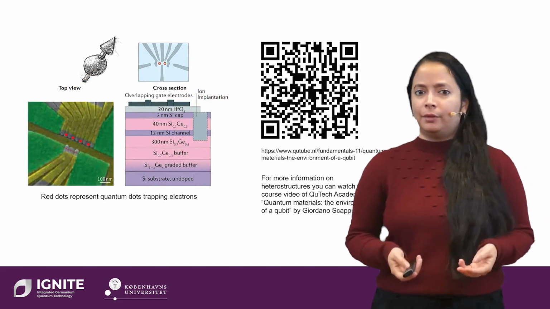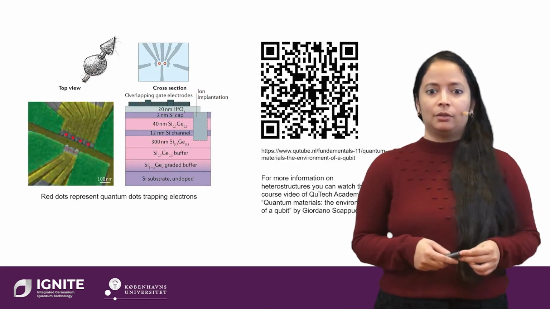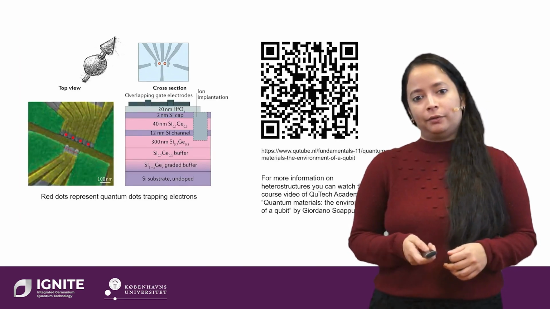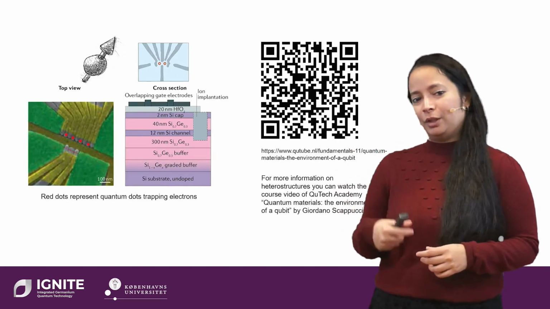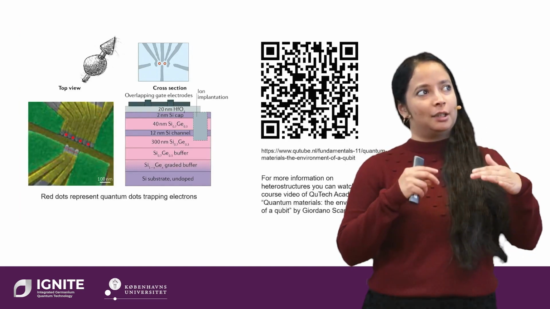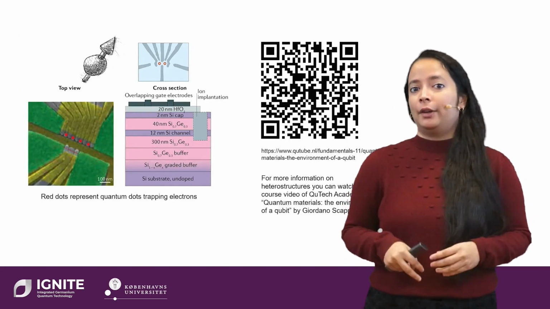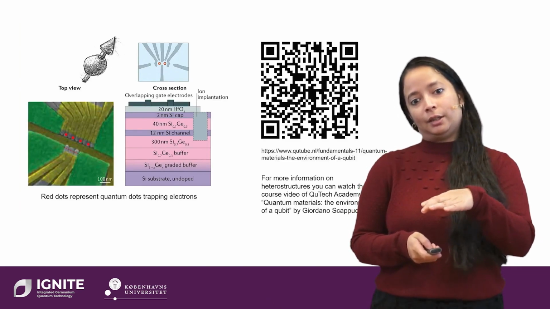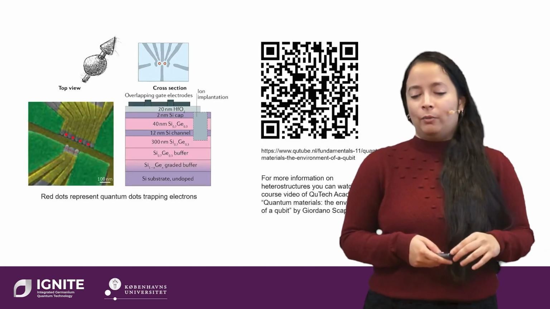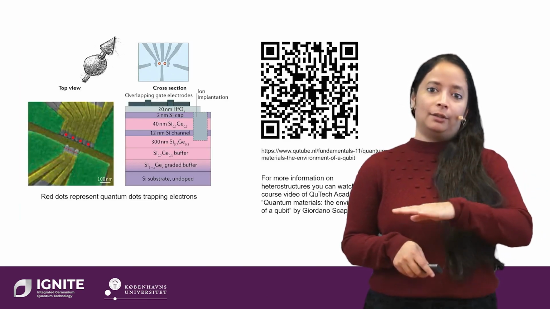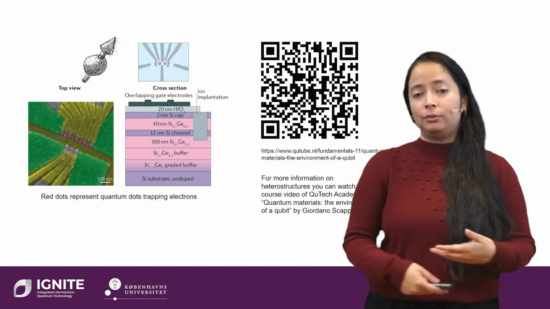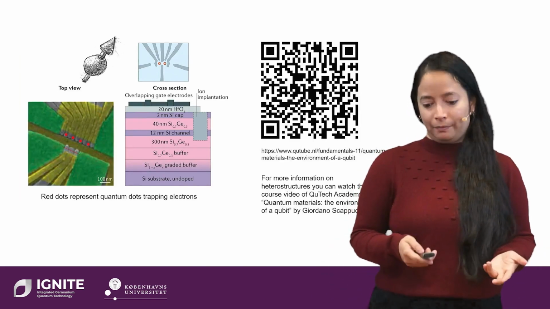And the type of qubits that I will talk about today are those that are implemented in heterostructures. If you look at the cross section in the picture, they're essentially a sandwich of materials, very cleverly designed, such that in the middle there is a sheet of what is called a channel, where there is a sheet of either electrons or holes that are trapped, forming a kind of two-dimensional sea that you can shape.